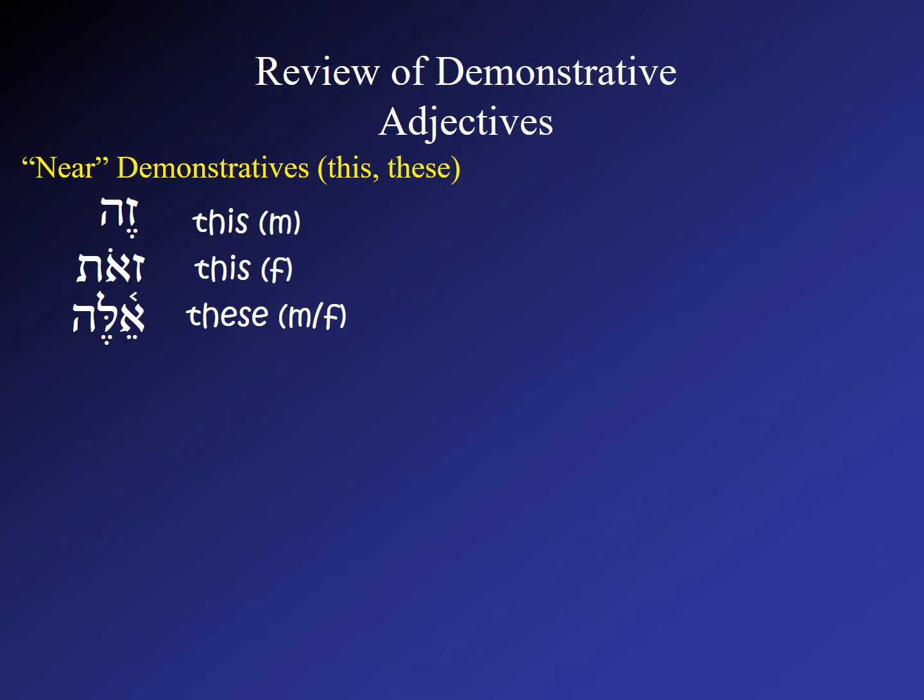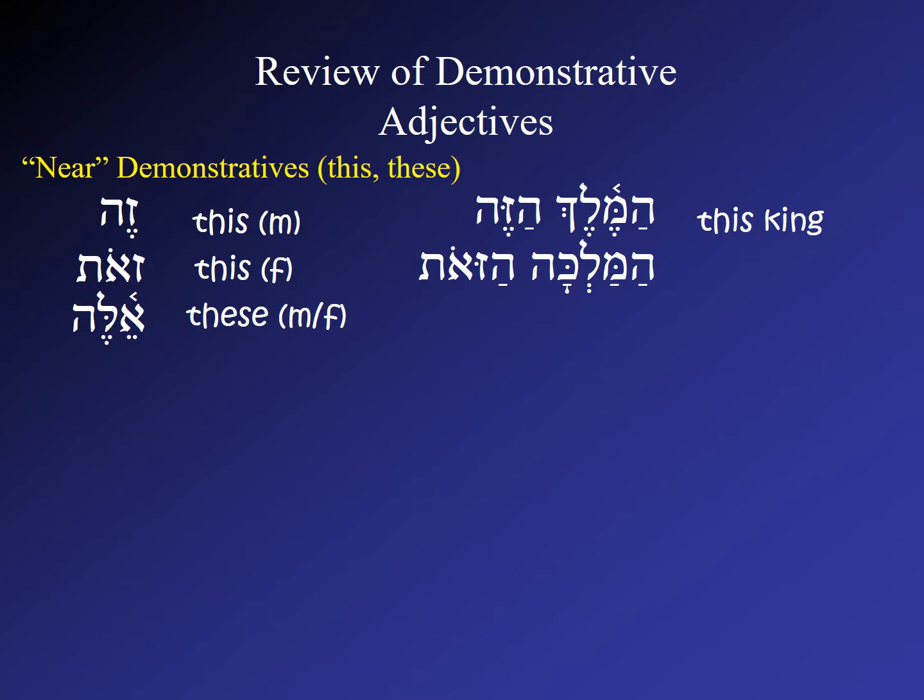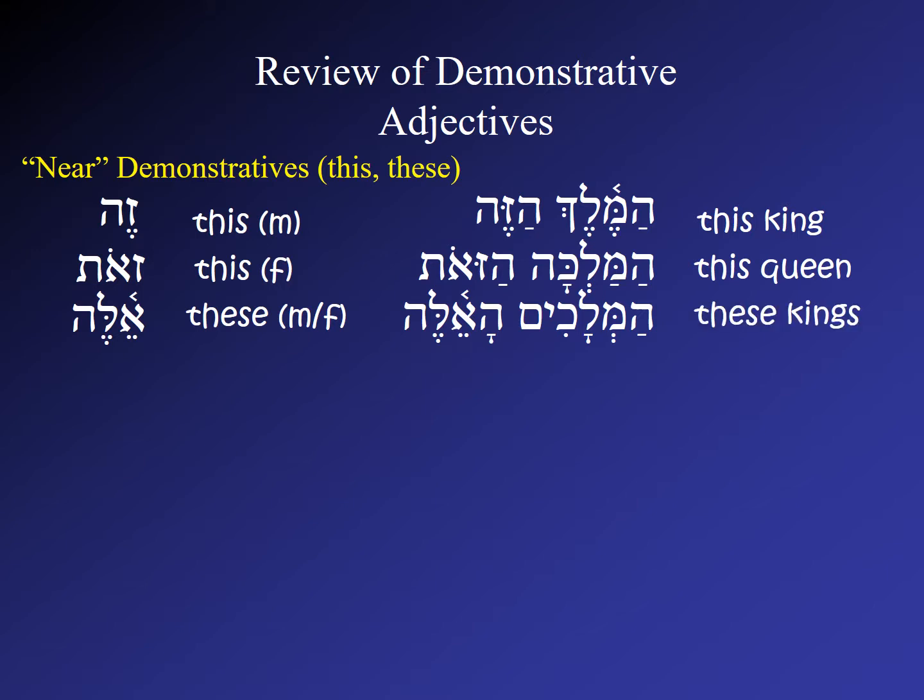So for instance, you might say hamelech hazeh, which means the king, this one, or we would just say this king. You could also say ha-malkah hazot, this queen. We could say ha-melachim ha'ela, which means these kings, or ha-malkot ha'ela, these queens. So these are the near demonstratives, ze, zot, ela. They're used as attributive adjectives.